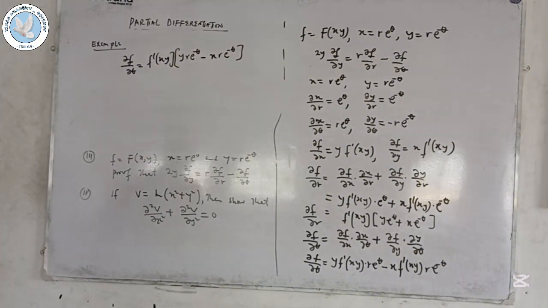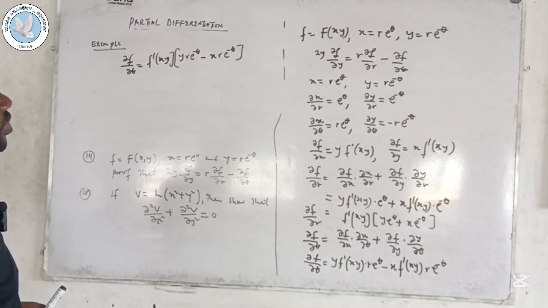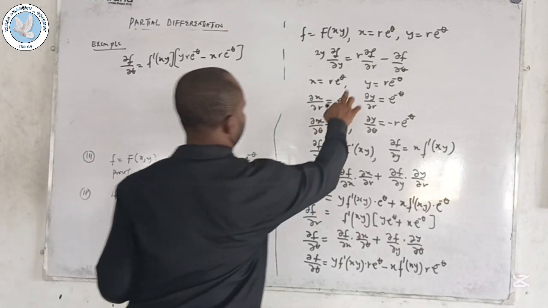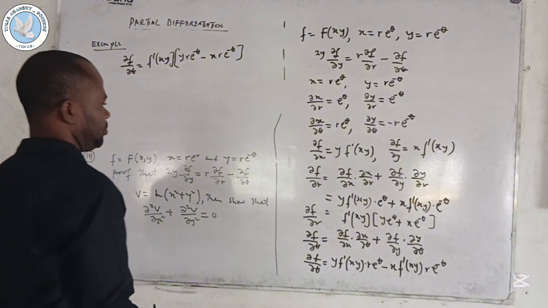So you are still looking at what we're given. We're asked to multiply r with that.